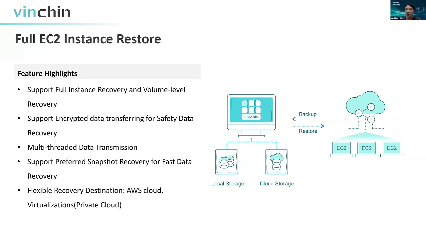It means that if you already have the snapshot stored in AWS before, it will restore the data directly through the snapshots stored in the recovery destination area. So in this way, it will be much faster. It is a much faster recovery solution than the normal data recovery solution.